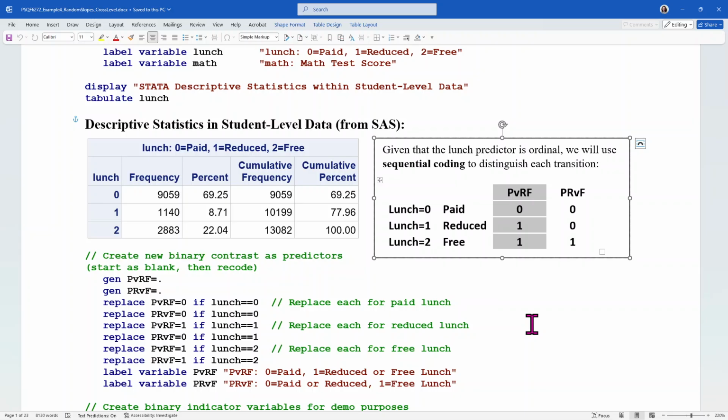So grouping the reduced and free together. So RF, that's what that means. Then I can further delineate if there's any differences between the types of discounts, the reduced versus free. Like, is it just being poor or is it being more poor? Where is the distinction? So this is an empirical question.